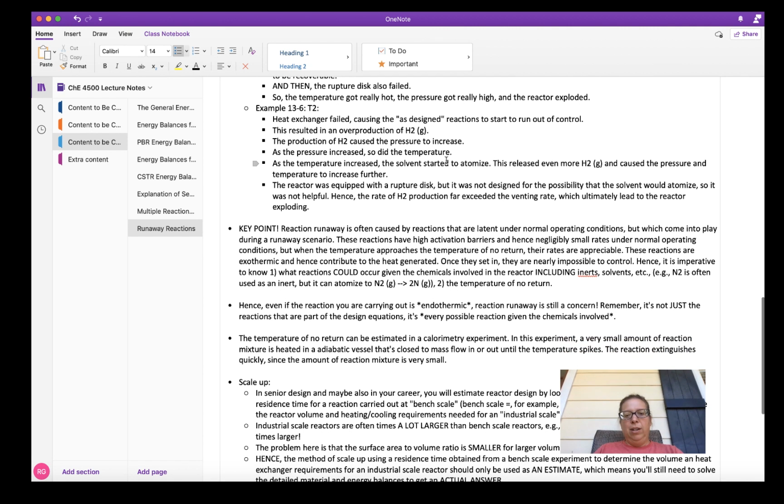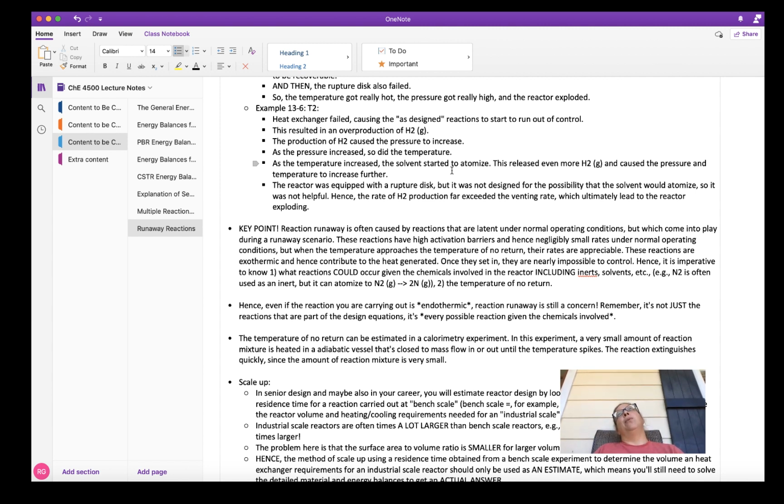As the temperature increased, one of these latent reactions came into play. The solvent started to decompose. It was an organic solvent, and the temperature became hot enough that the solvent started to break down into its components.